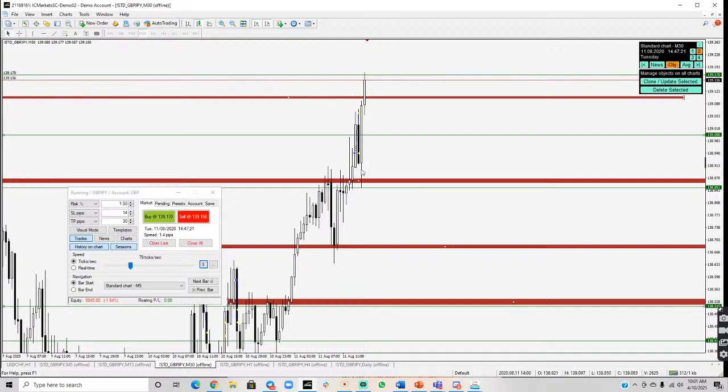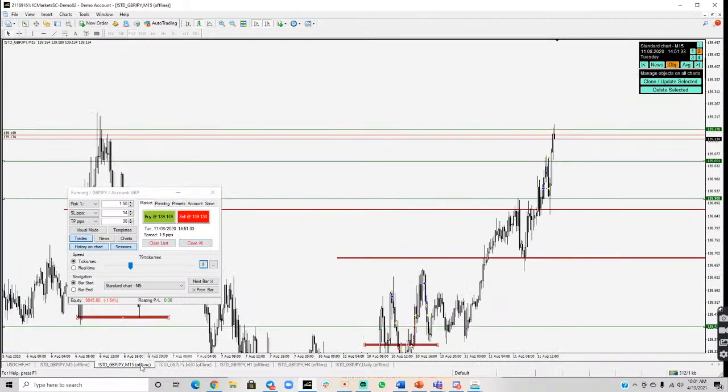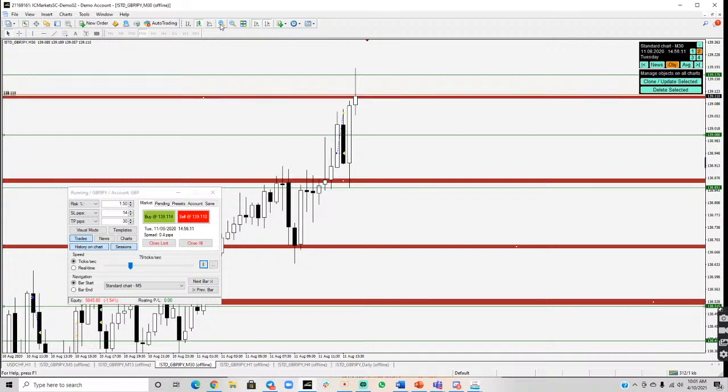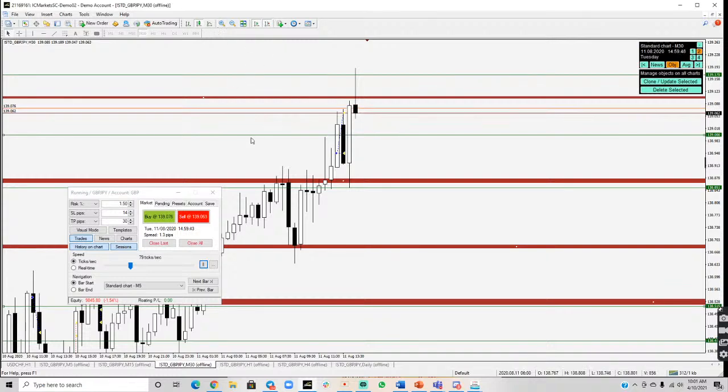This just didn't make any sense. And as I can see, we are rejecting the area. Yes, so definitely need something to close above.